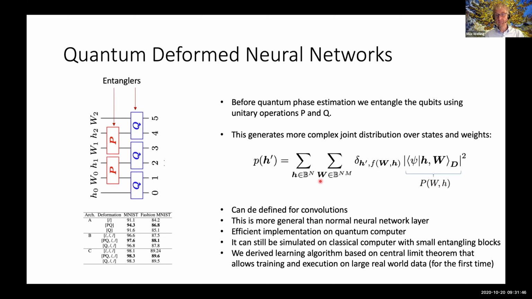So we actually did experiments on all of this, and we were surprised that in the quantum computing literature, you will not find people doing experiments on images larger than 4 times 4 pixels, because you'll run into this exponential blow up. But the way we set this up using central limit theorem approximations, we could look at normal data sets like MNIST or Fashion MNIST, which are images of normal size.